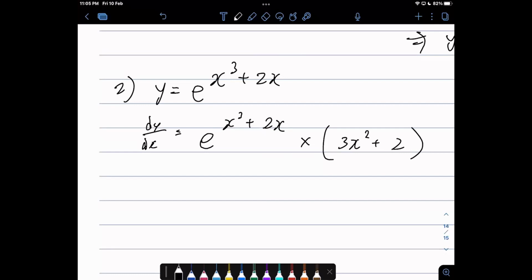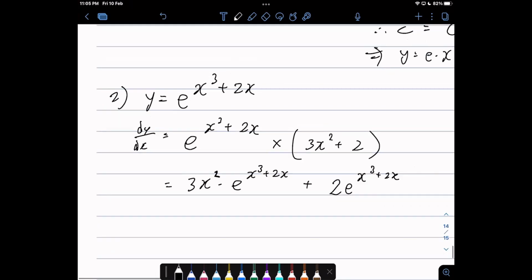Done. Don't bother distributing the e power something. If you want, you would write it as 3x squared times e to the power of x cubed plus 2x, plus 2 times e to the power of x cubed plus 2x. Don't need to expand.